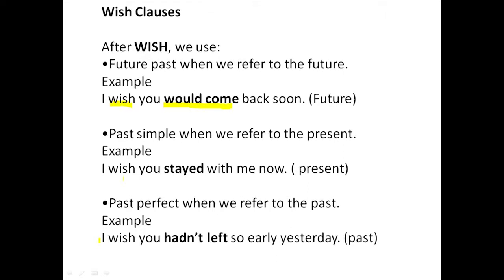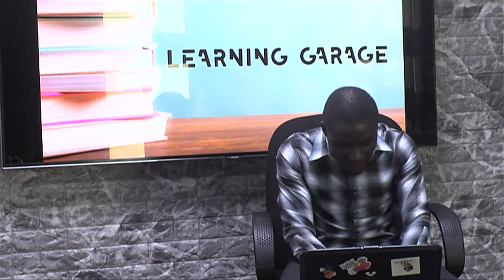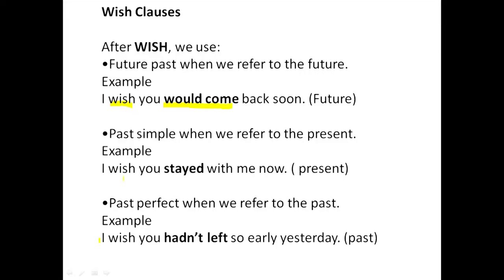Now, if we use wish and are referring to the past, what do we require? We require the past perfect, meaning the had and any past participle. Example, we have the had left. I wish you had left so early yesterday.